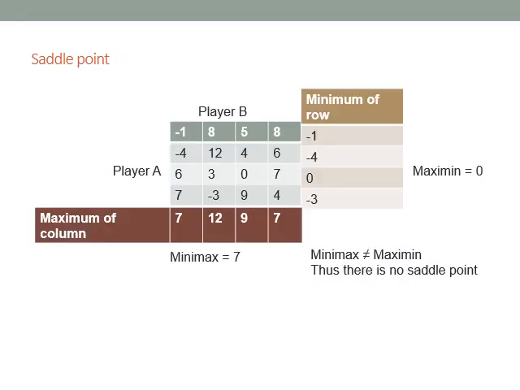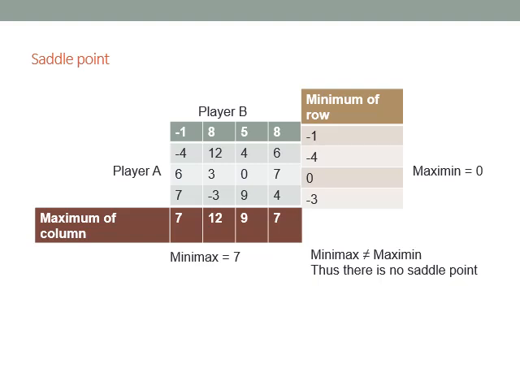Last is point 8. Player A has 4 strategies, player B has 4 strategies. Applying the minimum of row: negative 1, negative 4, 0, negative 3. The maximum of all these minimums equals 0.